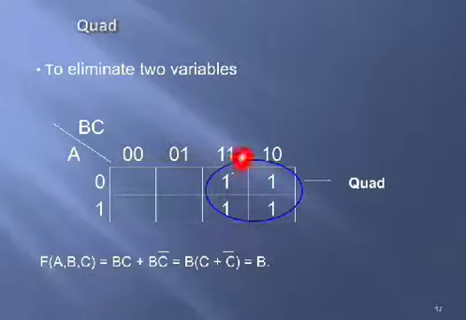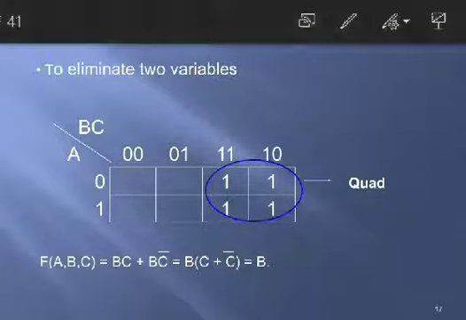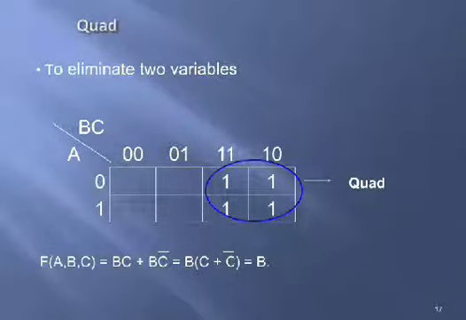The second variable, the LSB, is C and C bar, which is eliminated, and the leftover will be B. That is what I am writing here: BC plus BC bar, which is equal to B into (C plus C bar), which is equal to B. So by grouping 4 cells in a K-map, you can eliminate two variables. This is one way of grouping 4 cells as a quad.